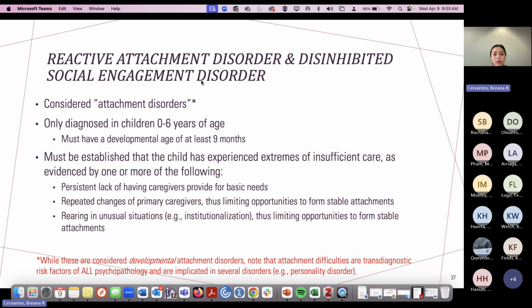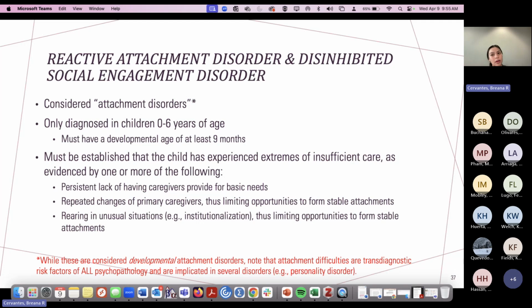Quick caveat, because you'll notice I put a little asterisk next to attachment disorders. Note that these are developmental attachment disorders, in that it's literally called an attachment disorder. It's in the DSM and it's intended for younger kids. Just remember though that that's separate from when we talked about attachment in general, like forming stable attachment and insecure attachment.